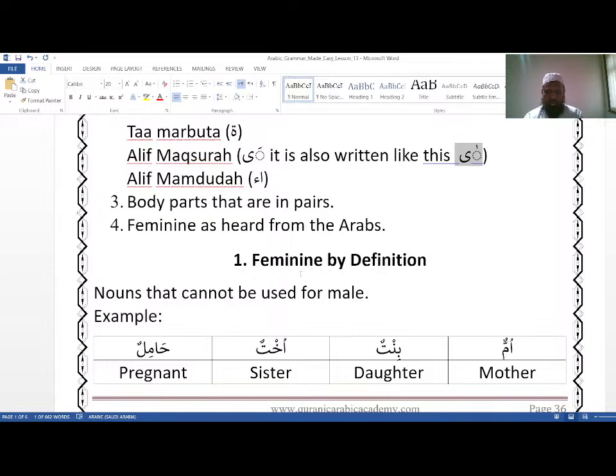Ummun, mother, we all know. Bintun, daughter. Ukhtun, sister. And look at this word, hamilun, pregnant. Obviously, only a muannas can be pregnant, so for this word we don't need to use the ta marbuta at the end. By definition, they're muannas.